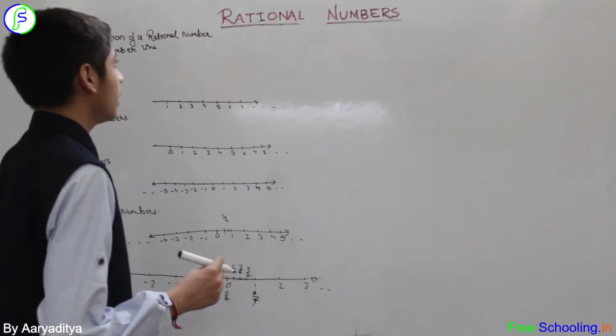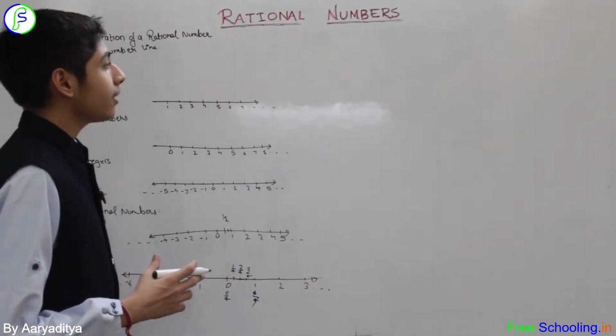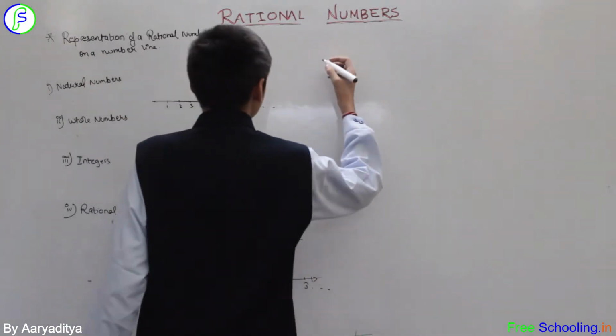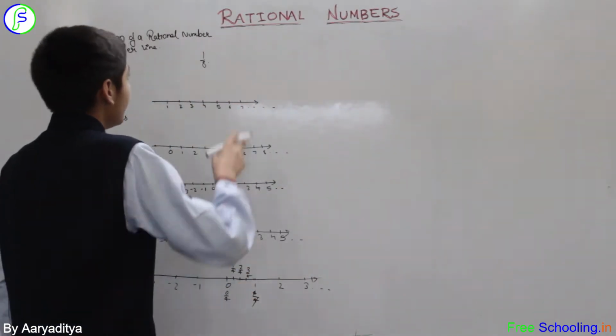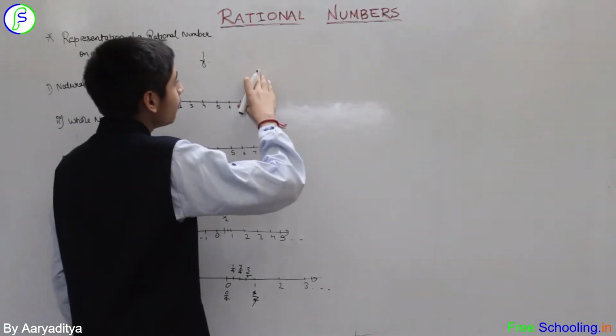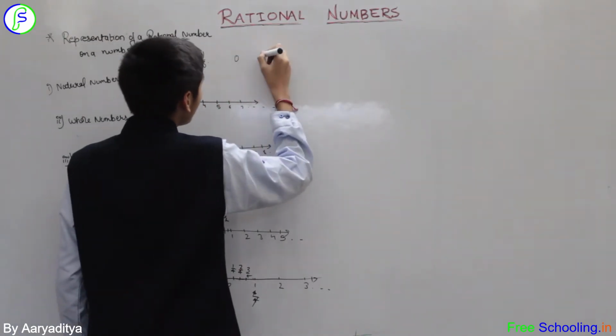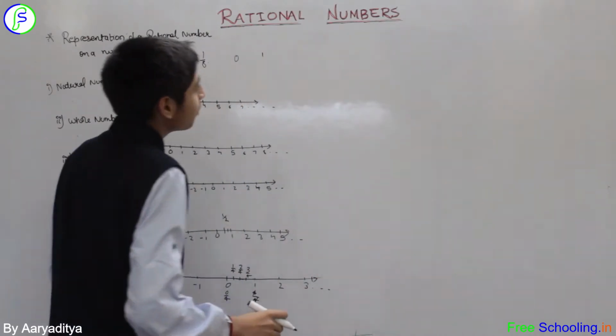There is a thing that you need to keep in mind: if you are given 1/8, you need to make 8 equal divisions between 0 and 1, or between any number that you take.